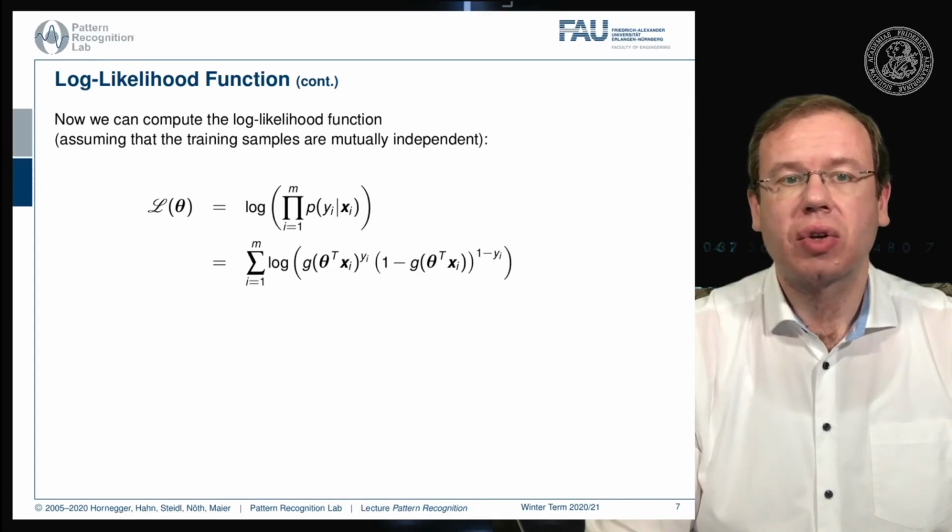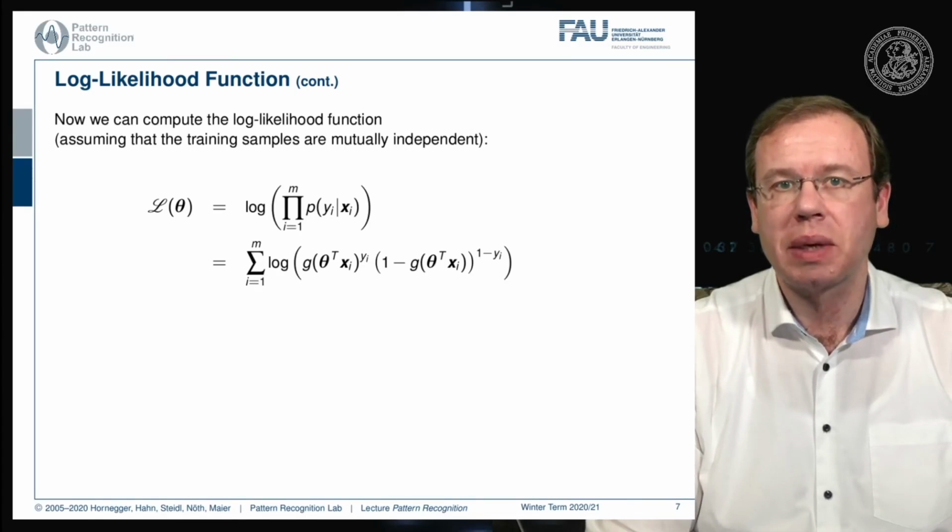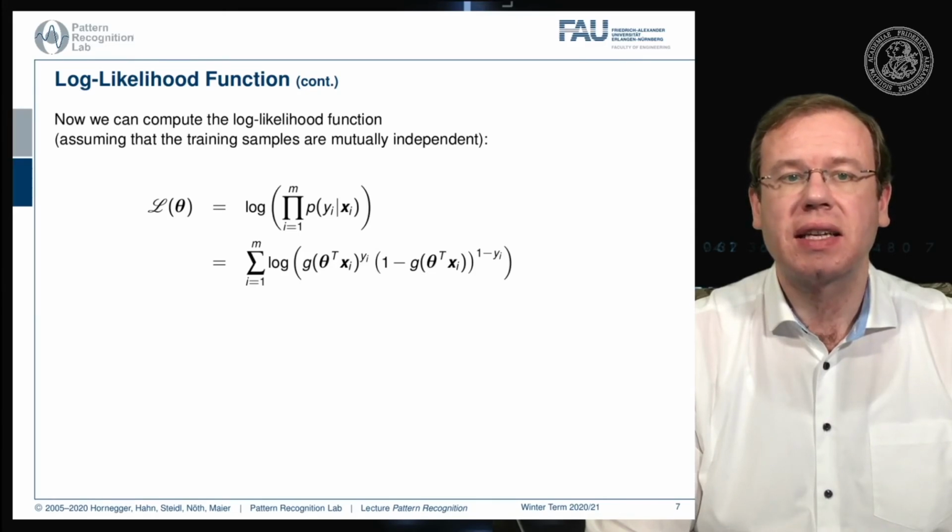Our product turns into a sum, and then we can also pull the logarithm inside, which is actually converting our product into the sum, and then we see it's a sum over logarithms, and within the bracket we see the definition of our posterior probability, and this is again the formulation using the Bernoulli probability as mentioned previously.